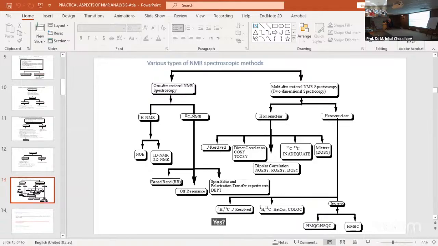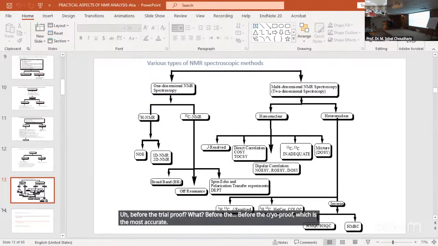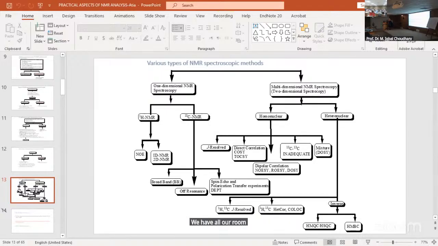Regarding the probe, before the cryoprobe, which is the most advanced, we have room temperature probes as well. We have only 4 cryoprobes. We have 13 NMR spectrometers, and we have 4 cryoprobes.